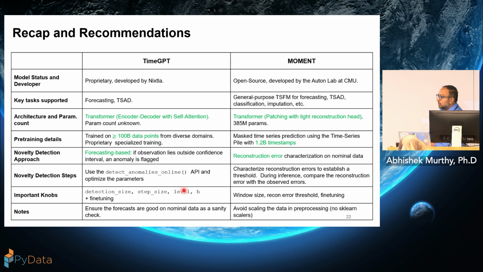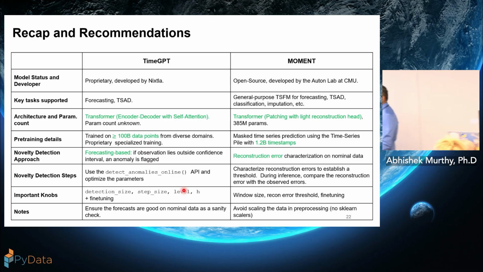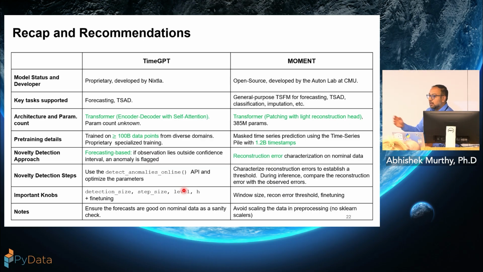When it comes to error modes, you can understand if your model is working well or not just based on the forecasting errors or the reconstruction errors. So it allows you to at least figure out very quickly whether it's working or not, and then you can understand there are these knobs that are available. But I'm not aware of a systematic analysis of various failure modes for these models. When someone invents SHAP for time series models, we'll have to come together again.